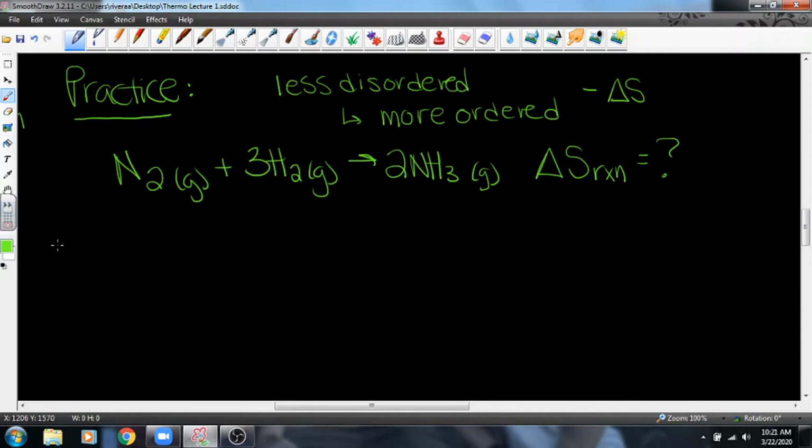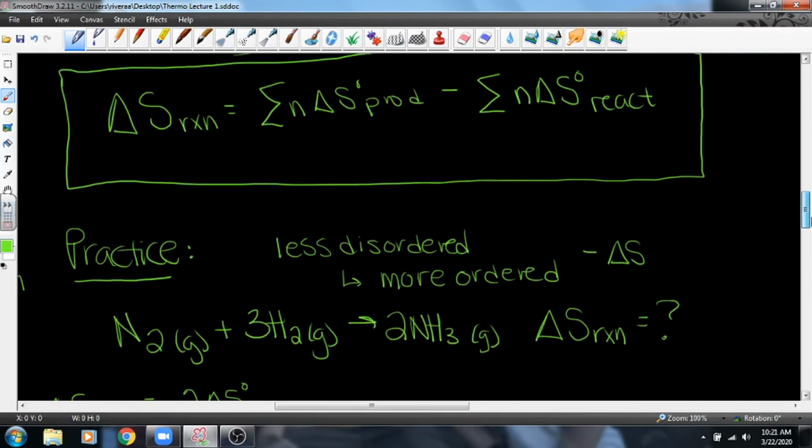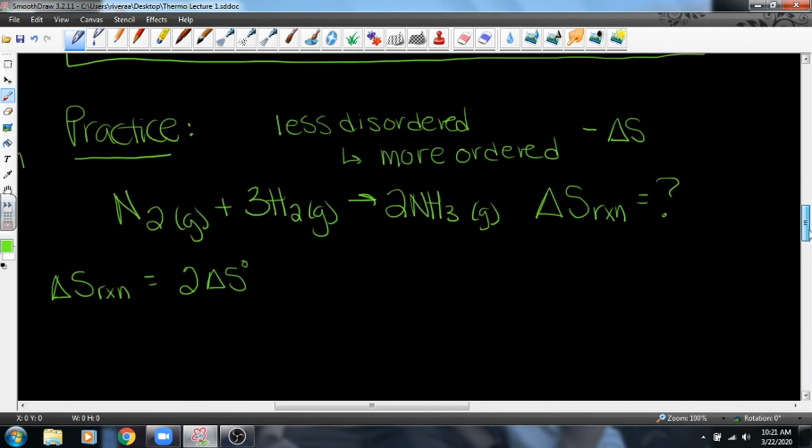Okay, so in order to get my delta S for my reaction, I'm going to take the sum of my products. So I'm going to go 2 times the delta S of, I guess I really shouldn't call it a delta S. Whatever.